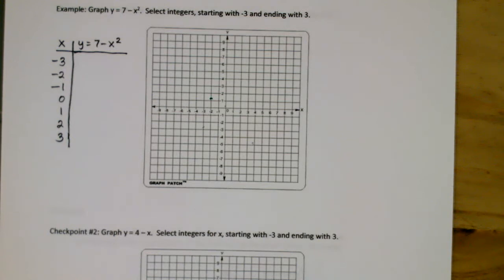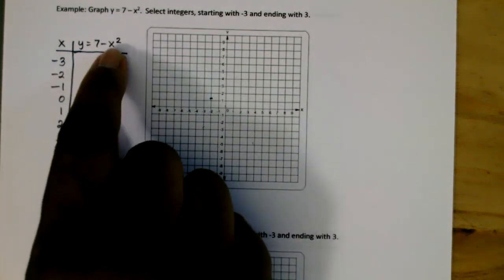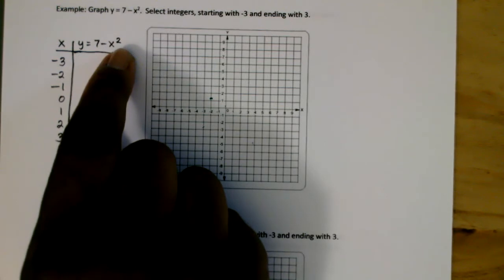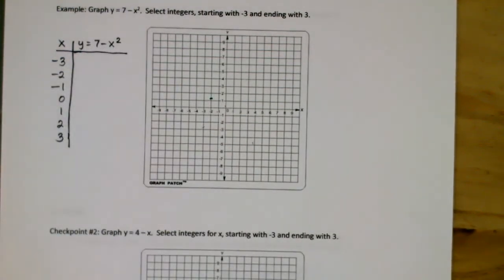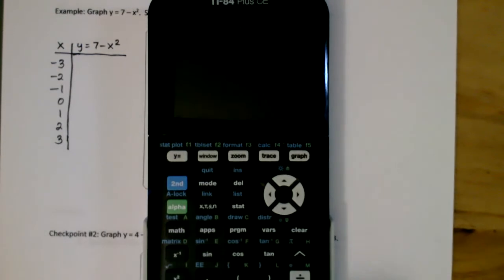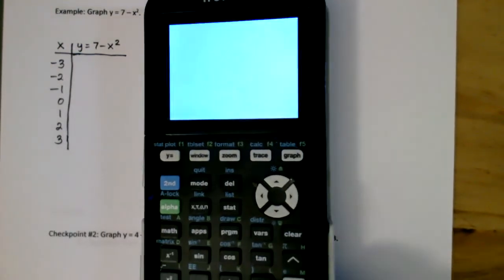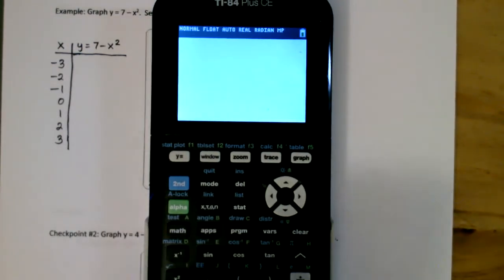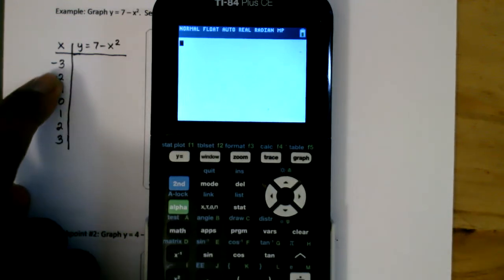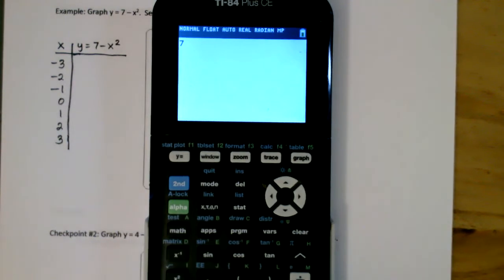So for each x value, I will substitute it for x in this equation to find what my y values are going to be. And you can also do this on the calculator as well if you like. So in this case here, for x equal -3, we're going to have 7 and then minus, and then we're going to substitute our x or -3.